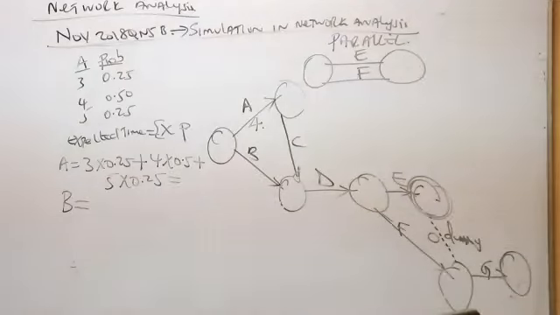Don't round off to a whole number. If you get 5.9, it's 5.9.